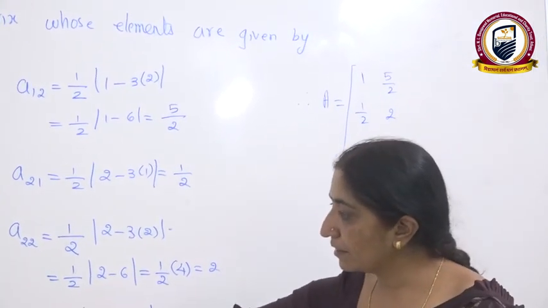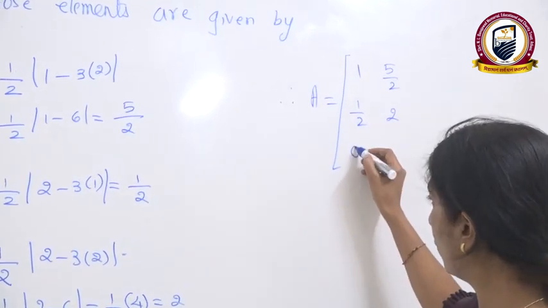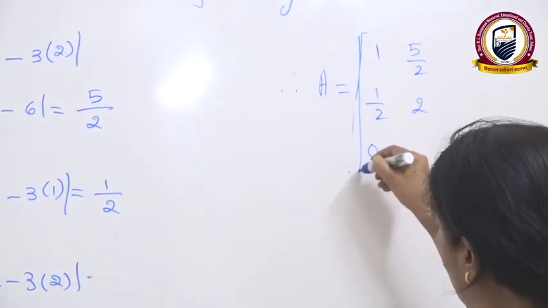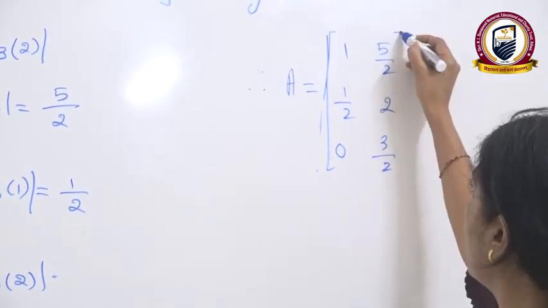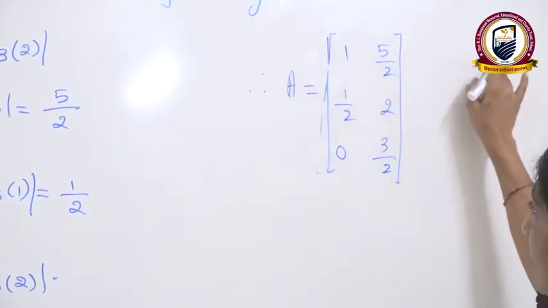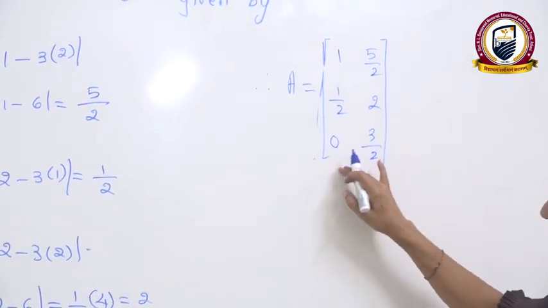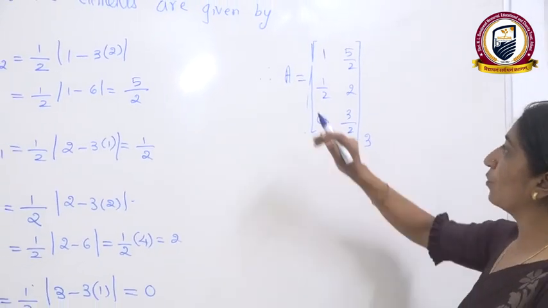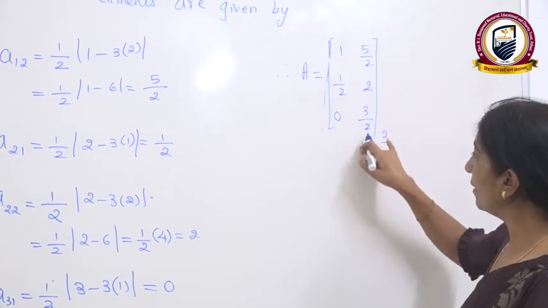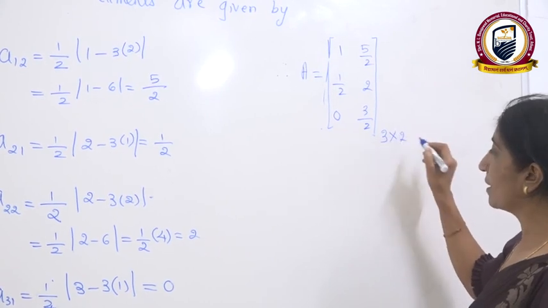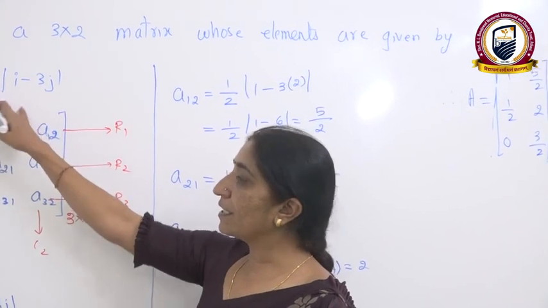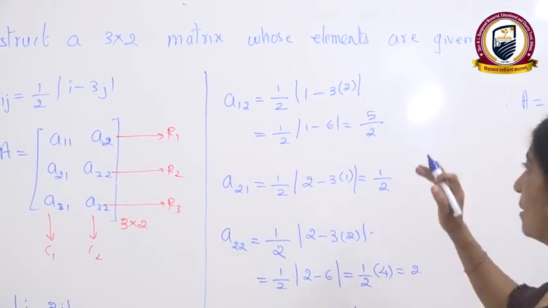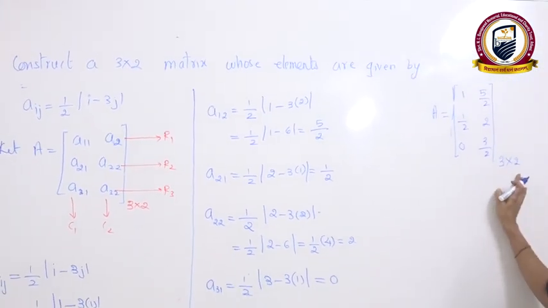After that, A31, that is 0. Then 3 by 2. See students, how many rows do we have? First row, second row, third row. We have 3 rows, and how many columns do we have? We have 2 columns. It is 3 by 2. See, is it a 3 by 2 matrix with this condition or what? Yes, it is a 3 by 2 matrix of this condition.